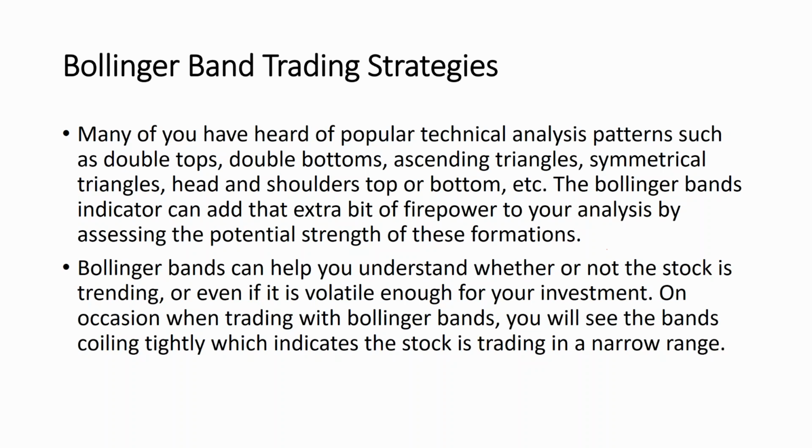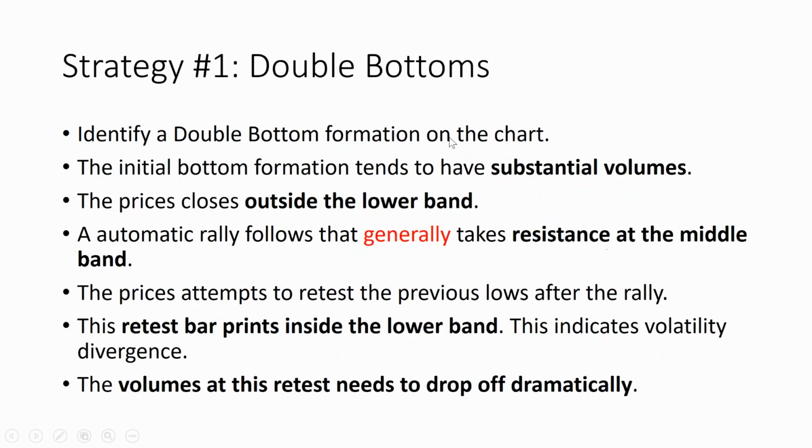When we see that the stock price is contained in a very tight zone and the Bollinger Band is coiling around the stock, then we can say that the stock is very less volatile and it is almost in a sideways trend, right? So Bollinger Bands help in trading and trending markets in a very huge way.